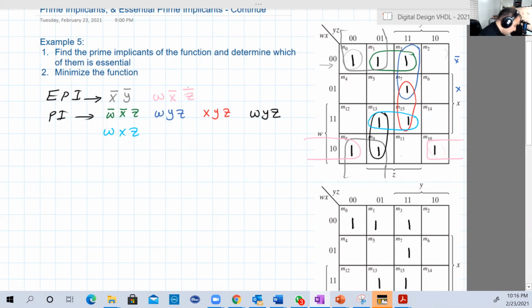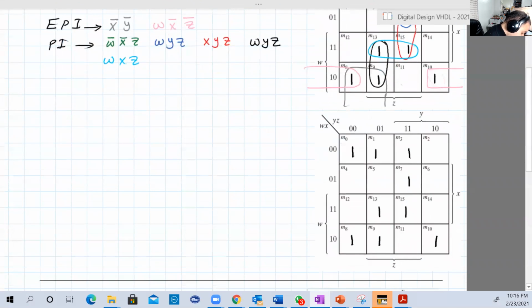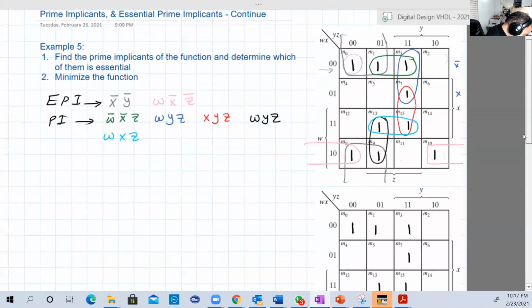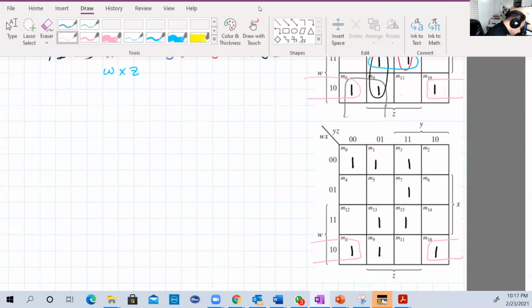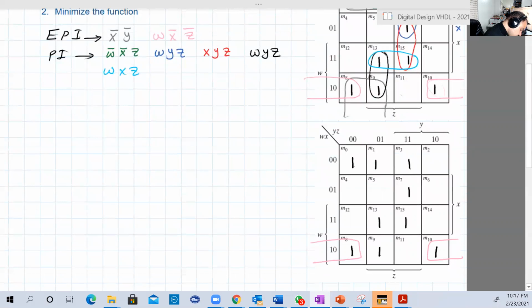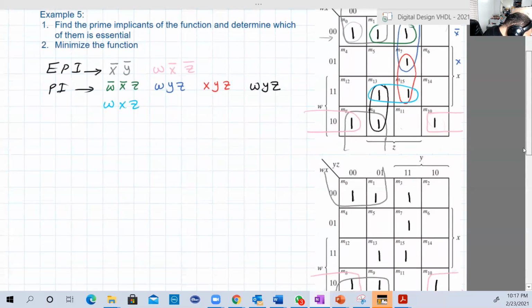Z bar now. Yeah. Now the minimum F, we locate the essential prime implicant, and the gray as well. And now we have a lot of choices now. Okay.